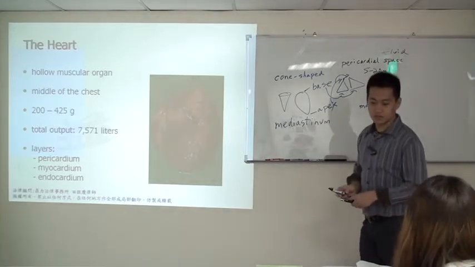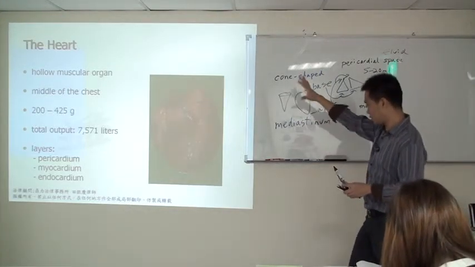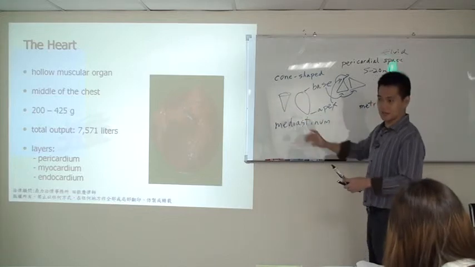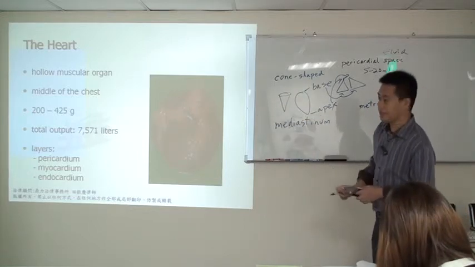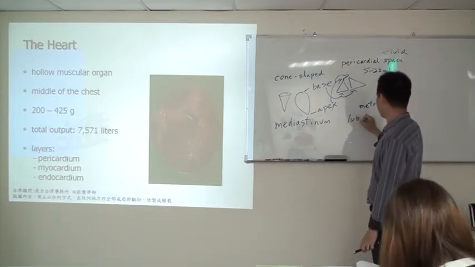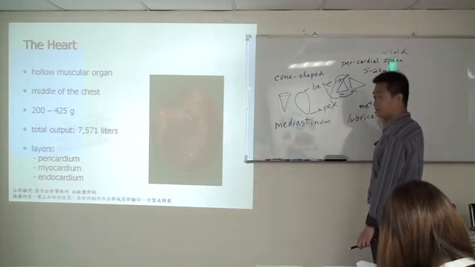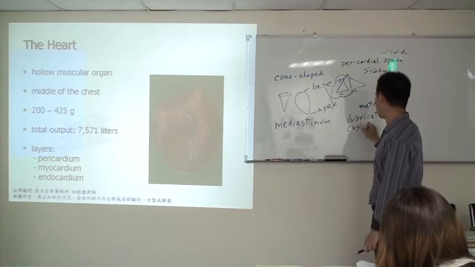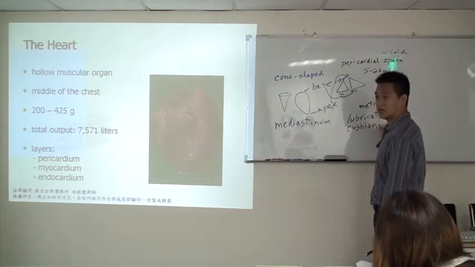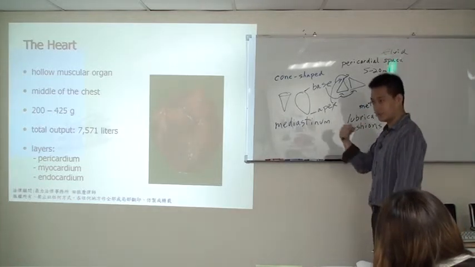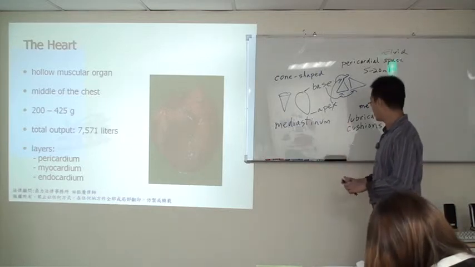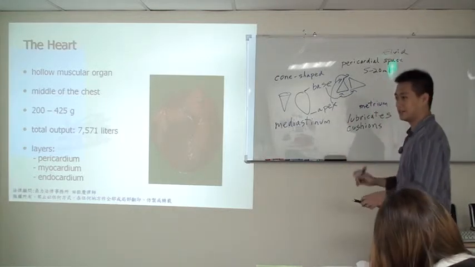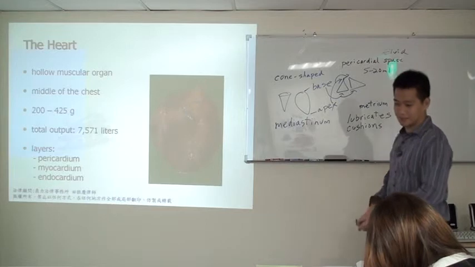What's the function? Why do we have a fluid that surrounds the heart? It lubricates the heart, prevents the heart from drying. Lubricates, and cushions the heart from trauma, so that the heart will not get injured when there's trauma. Cushion, just like a pillow, makes it soft.